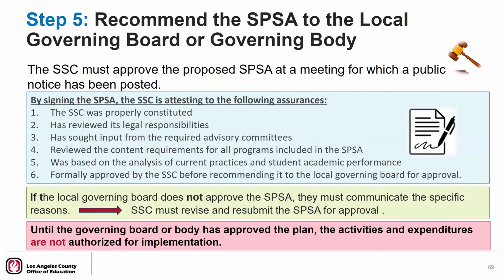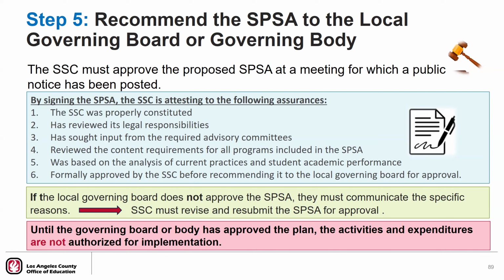Step 5 is the recommendation of the school plan to the local governing board or governing body. After advisory committees such as the ELAC, if applicable, have reviewed the proposed SIPSA, the school site council must approve the proposed SIPSA at a meeting for which public notice has been posted.